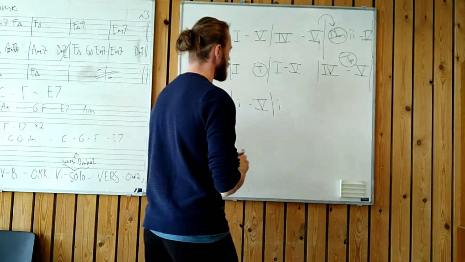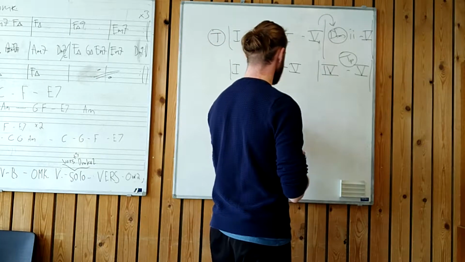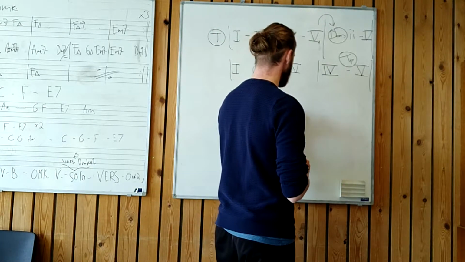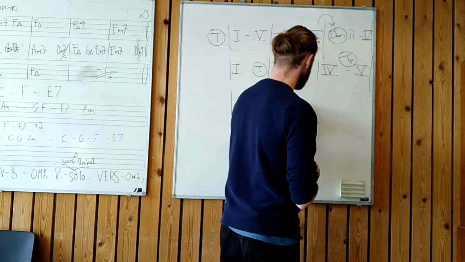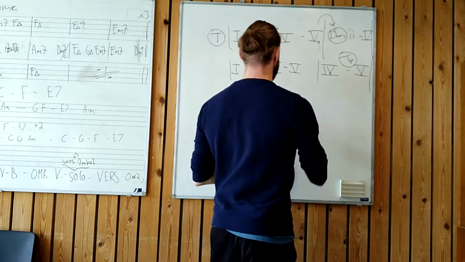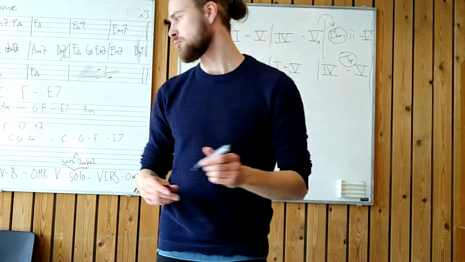That's right. That's a 4-5-1. So we're going for a 1 and a. In the tonic key, it now becomes a. Actually, this is one complete bar.